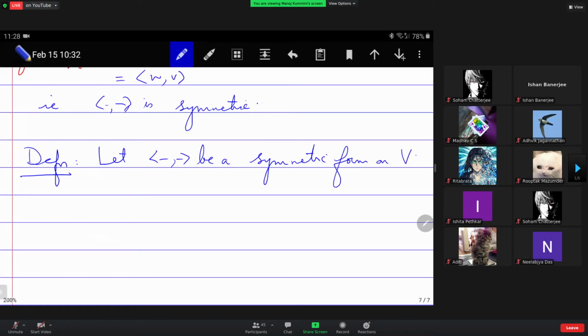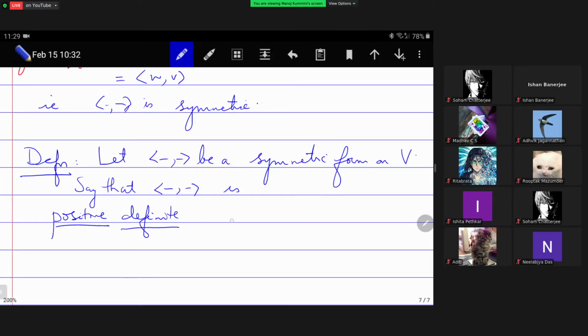We say that this form is positive definite if this thing is greater than 0 for all non-zero vectors in V.